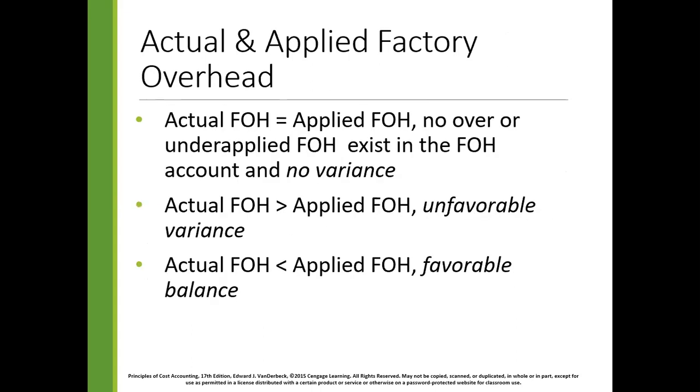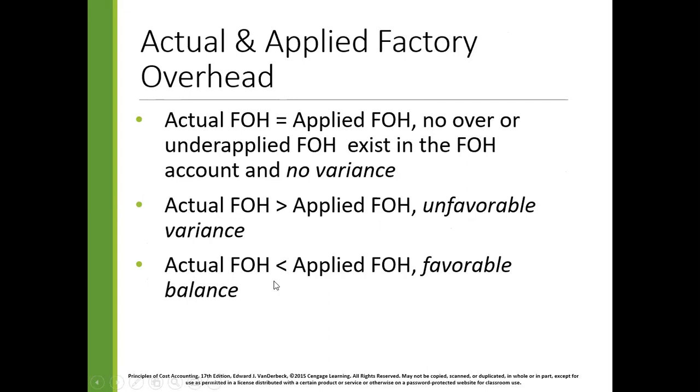All right, so for overhead, we can also look at a variance, and we're looking at basically the budgeted data versus the actual data. And so just like it's showing here, if actual overhead is greater than applied overhead, we have an unfavorable variance.